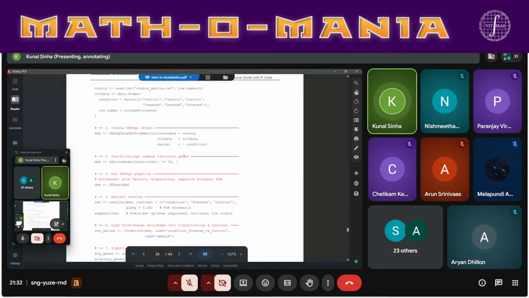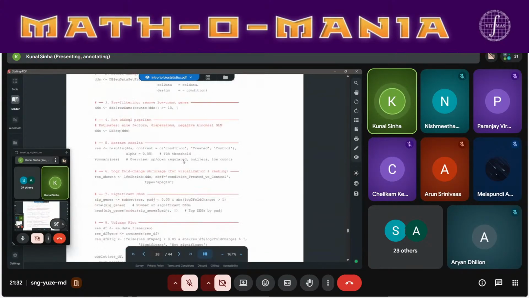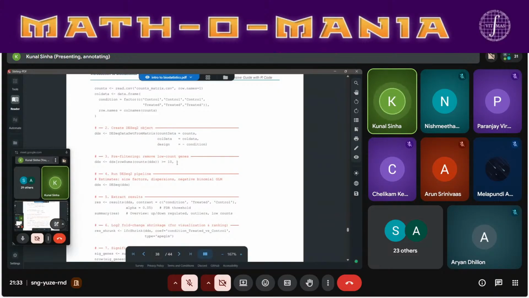So filtering, we remove the low count genes. Now the thing is, when you're doing this, there are some genes that might appear due to interaction between transcripts, and those genes don't actually exist. They are just there because some chemical reaction took place, and they just appeared out of nowhere.